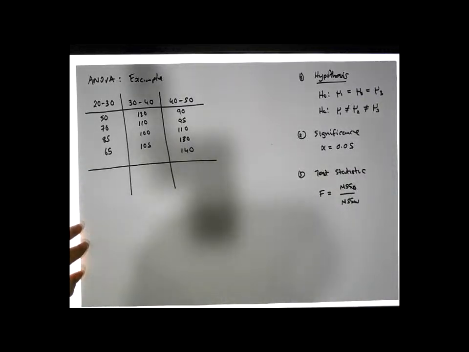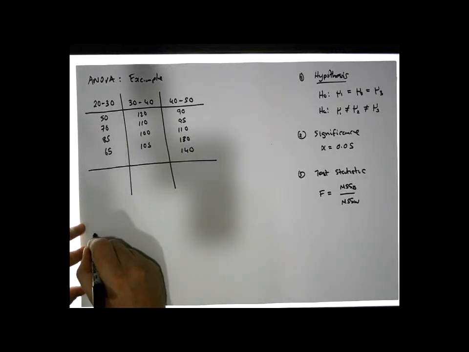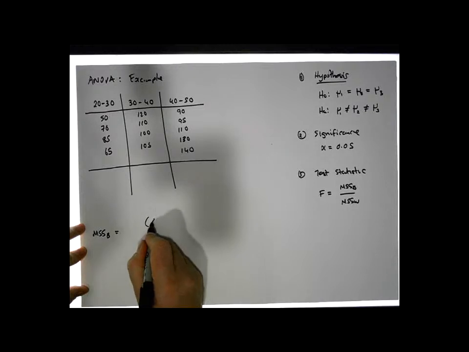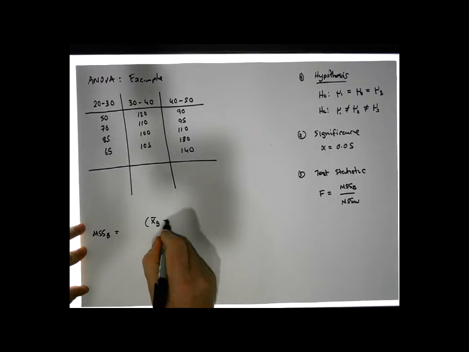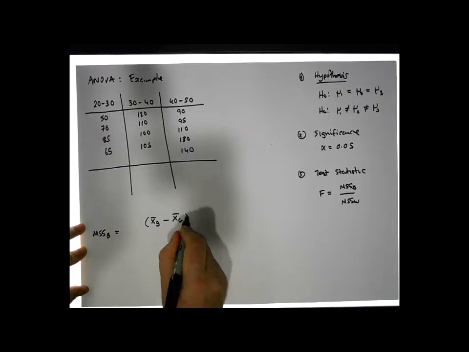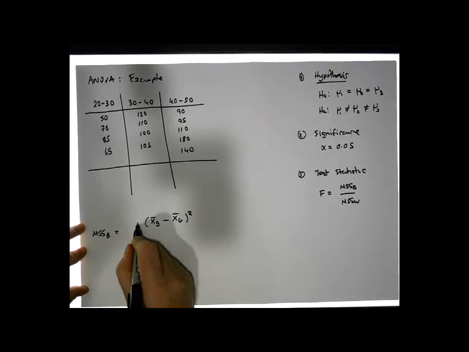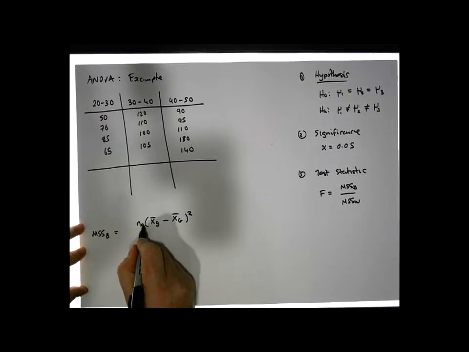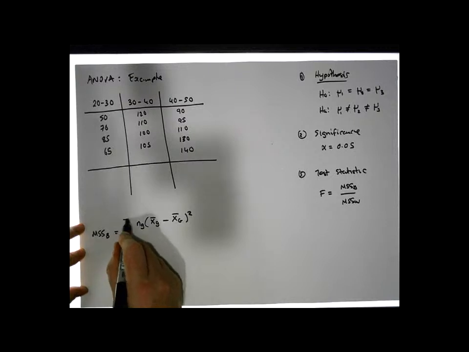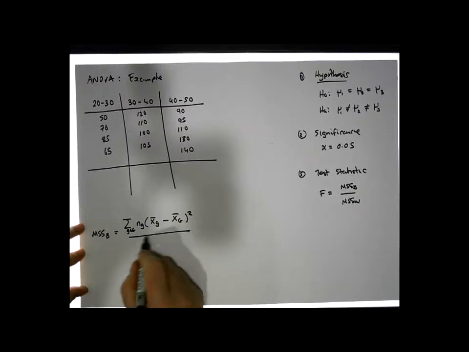The mean sum of squares between measure is equal to how far the average of each distribution is away from the global mean squared, times how many values there are in the distributions, for all of the groups, divided by the number of groups we have minus 1.